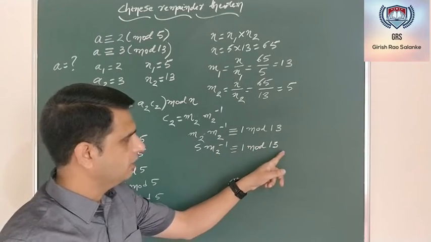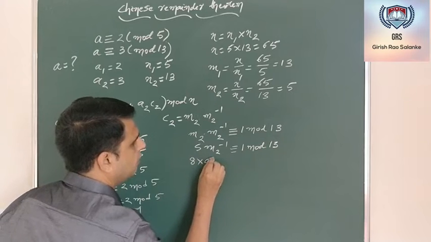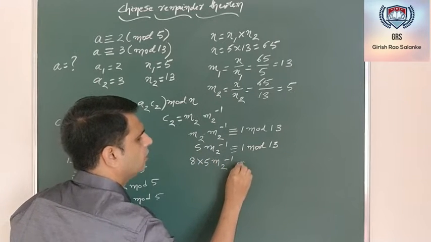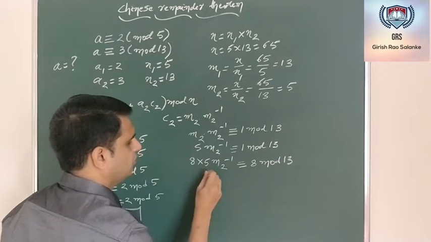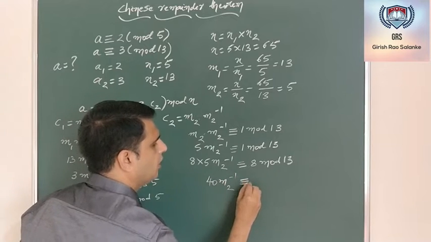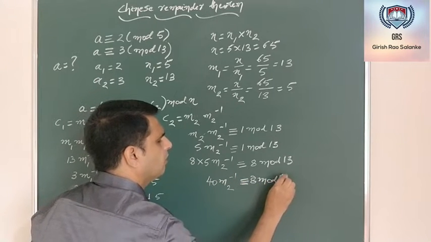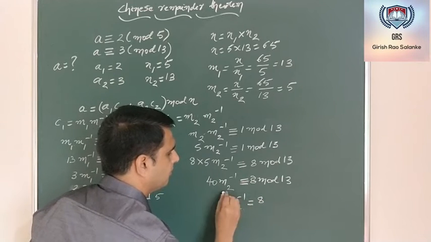I know that 40 mod 13 is 1. How to get 40 here? Multiply it with 8. 8 into 5 M2 inverse congruent to 8 mod 13. So this is 40 M2 inverse congruent to 8 mod 13. So my M2 inverse is nothing but 8.